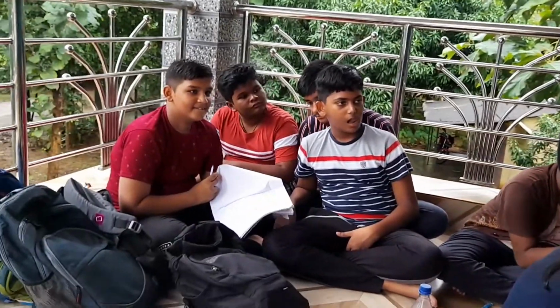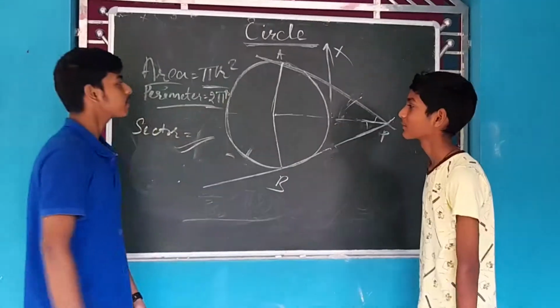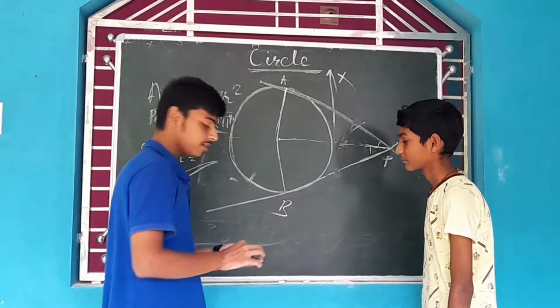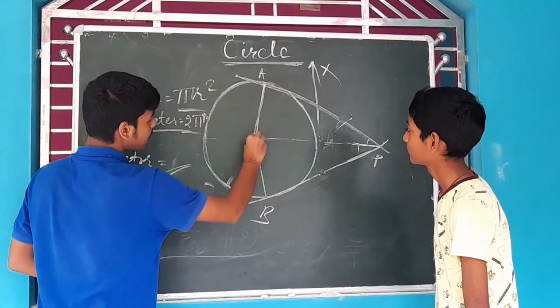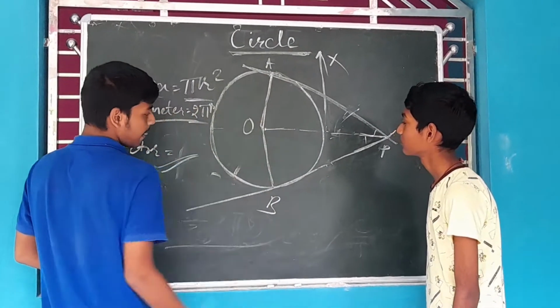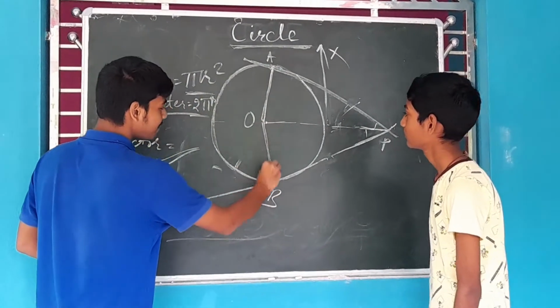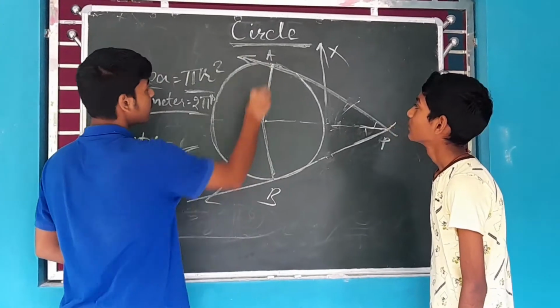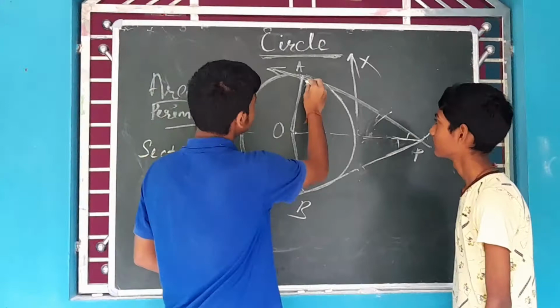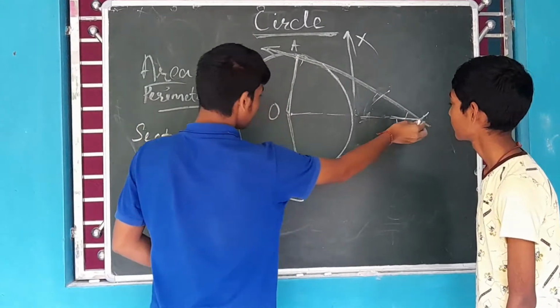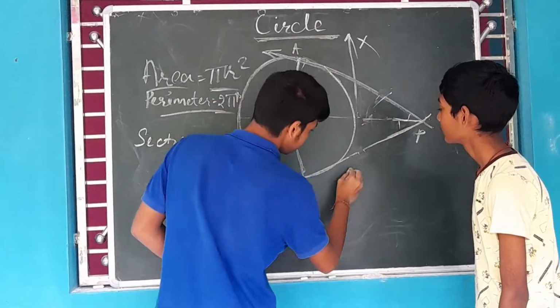We can construct two radii from its center. So we have two triangles, AOP and BOP.